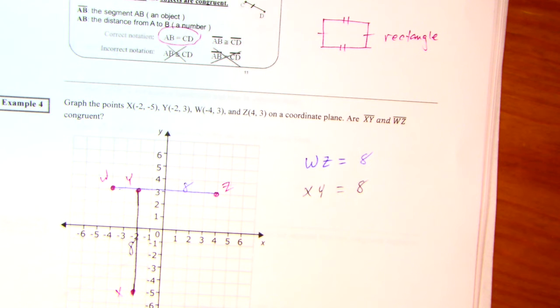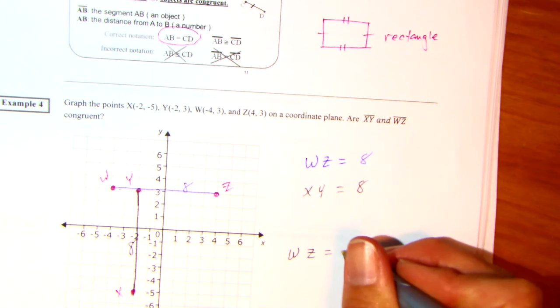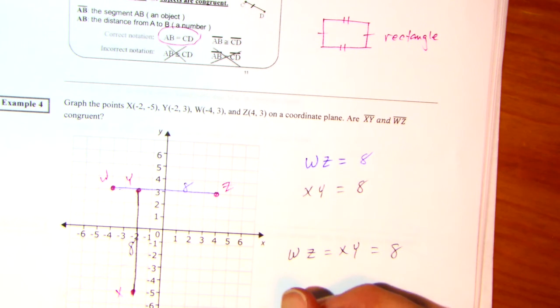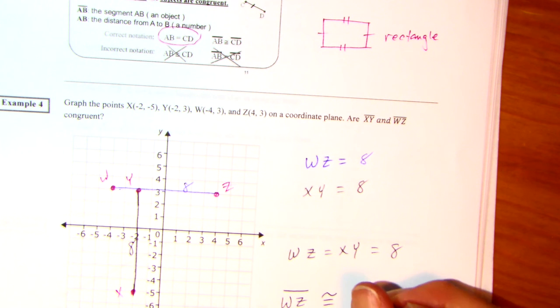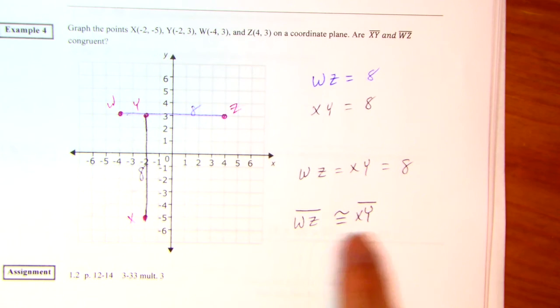Ah, they're the same measurement. So I'm going to write wz is equal to xy equal to 8. Or you'll say wz, with a segment over it, is congruent to xy with a segment over it. So if their measures are the same, the segments are congruent.